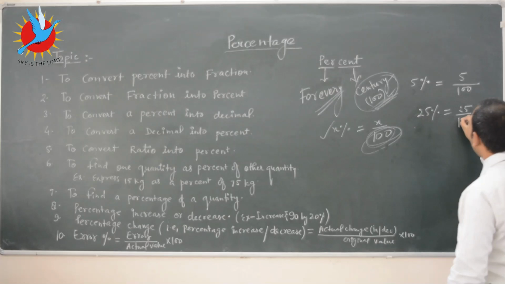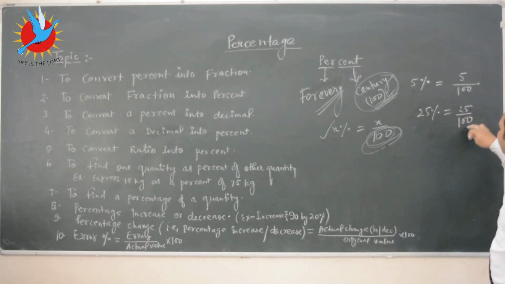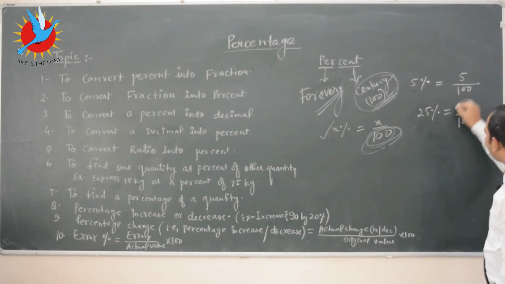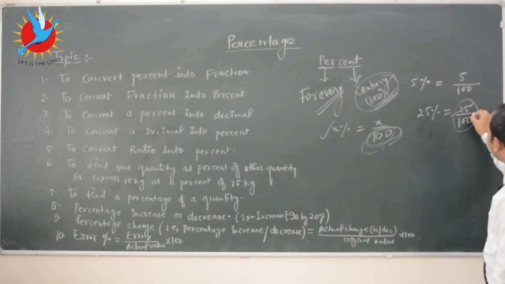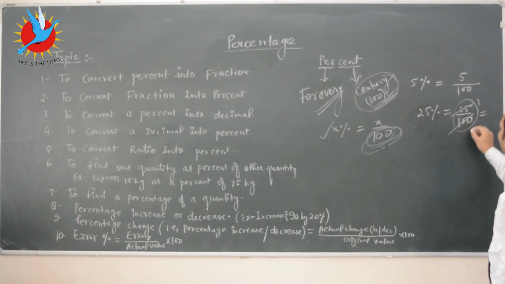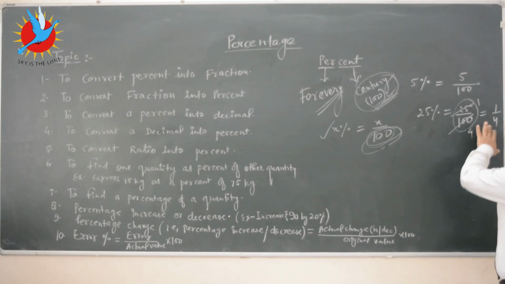This is a decimal fraction whose denominator is a power of 10. We can convert it into a vulgar fraction by simplifying. 25 is divisible by 25 one time, and 100 divided by 25 is 4. So we can write 25% means 1 out of 4.